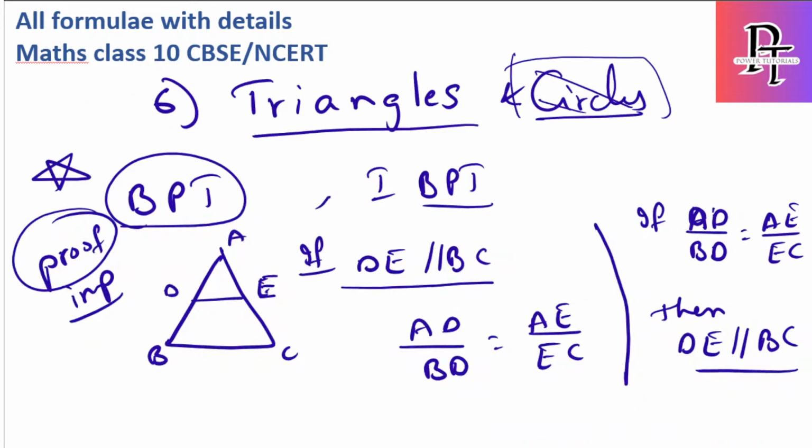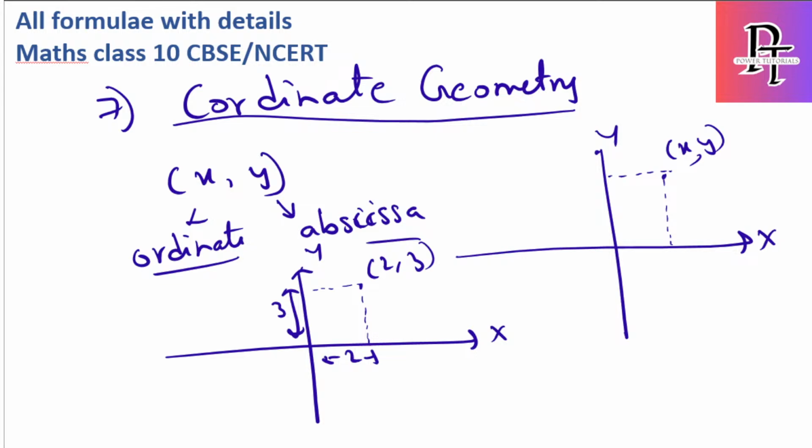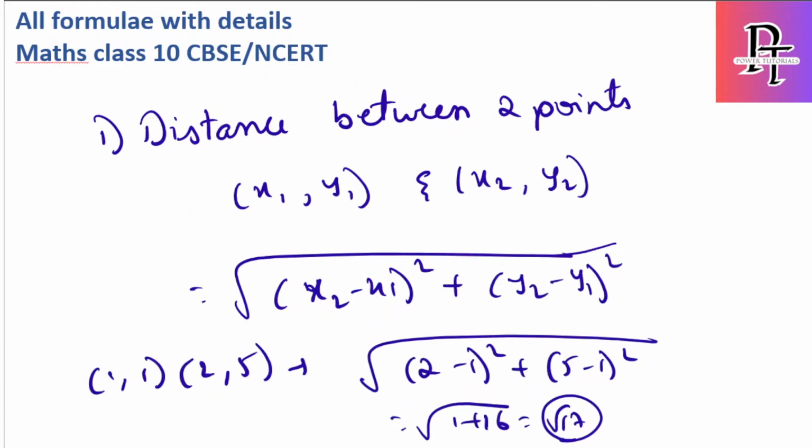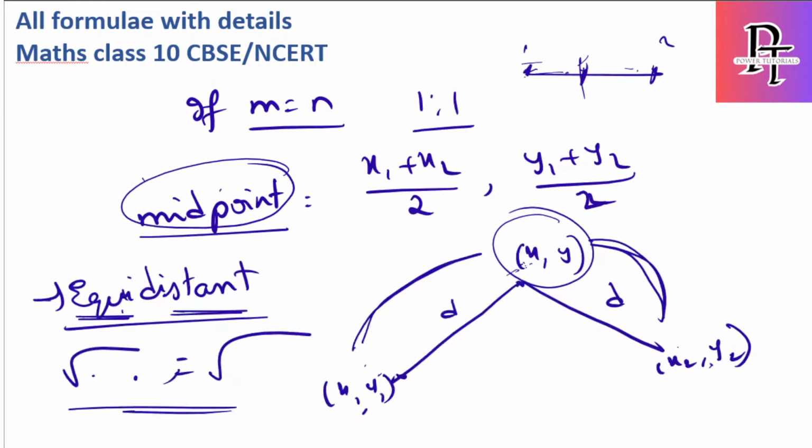And then in the triangle chapter, only 2 important formulas are present, because for the other things with respect to sums we need to understand how to solve them. As I clearly mentioned, practice is very important for the triangle chapter. The next, 7th chapter is coordinate geometry. Here we have only 3 important formulas: the distance between 2 points, the ratio if a point divides a line joining 2 points, and the equidistant point.